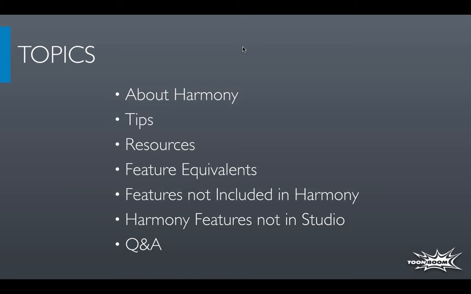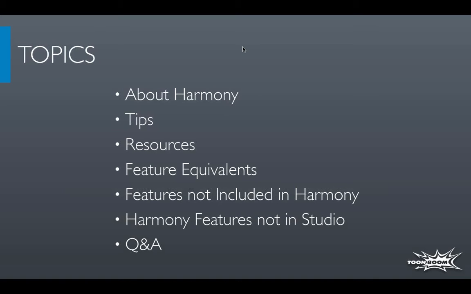Then I'll show you where you can find some resources to learn Harmony, and also find information on how to do this transition. Then the next topic I'll cover is all the feature equivalents that you will find between Studio and Harmony that are either different or have a different name, so that you know where to find the features that you were used to using.